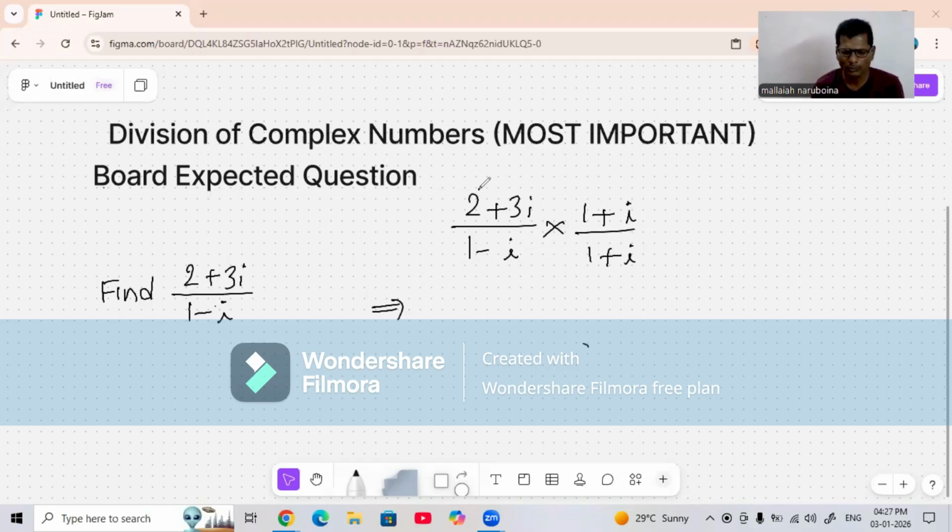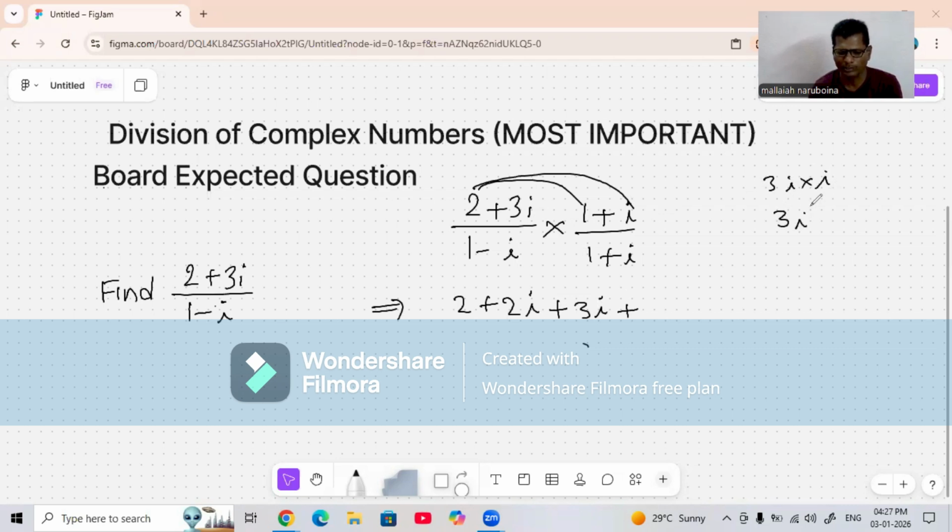2 into 1, that is 2, plus 2 into i, 2i, plus 3i into 1, that is 3i, plus 3i into i, that is 3i square, whole divided by, see, this is in the form of (a minus b) into (a plus b).